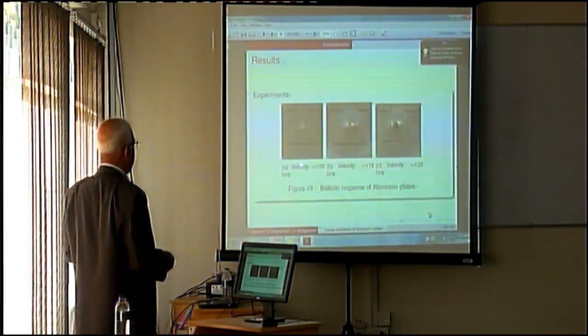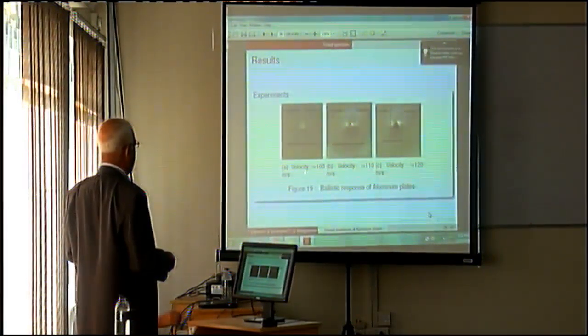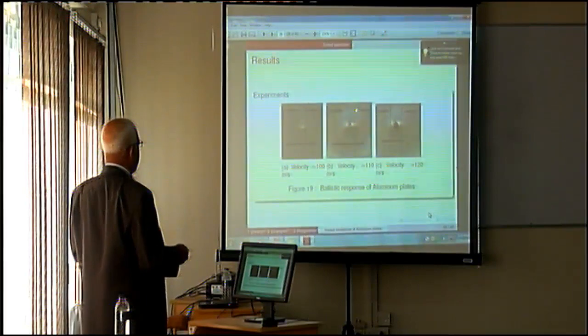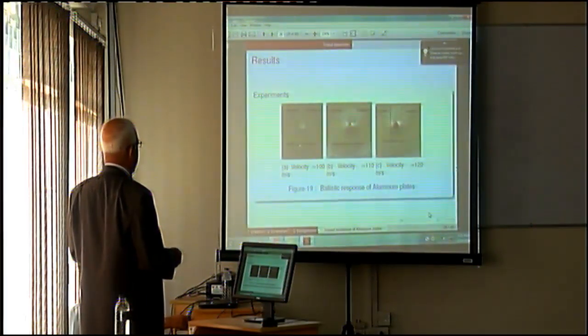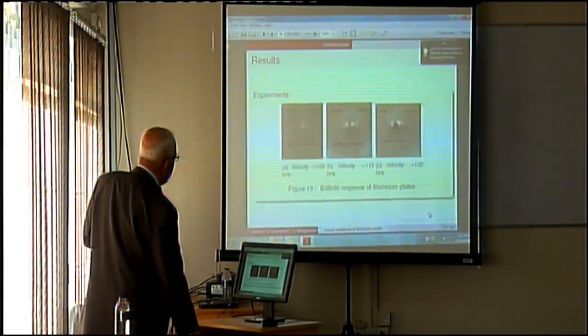So we have found results for different velocities: 100 meters per second, 110 meters per second, and 120 meters per second, with 5086 and 6061 and the same filler.